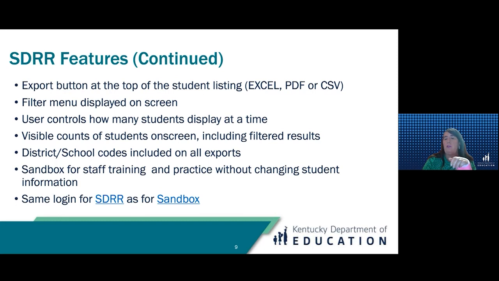Also, your district and school codes will be on there when you export those to either Excel, PDF, or CSV file. And then, like I said, sandboxes for staff training and practice without changing student information.